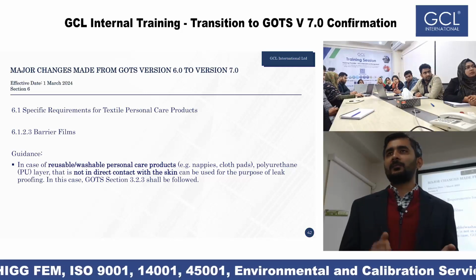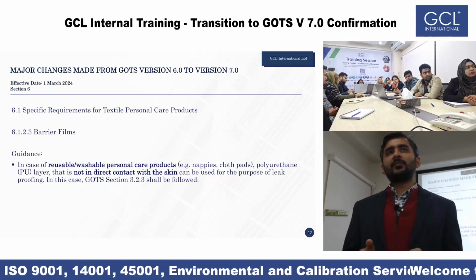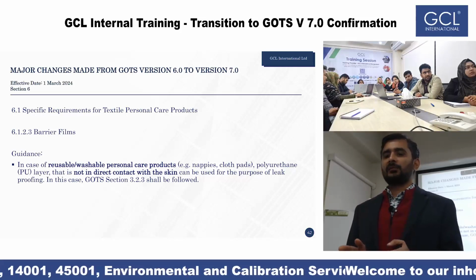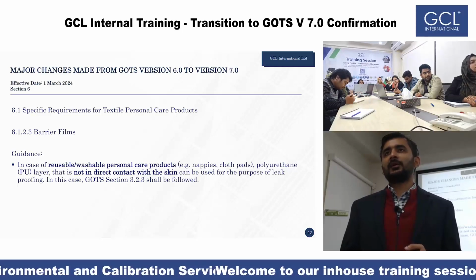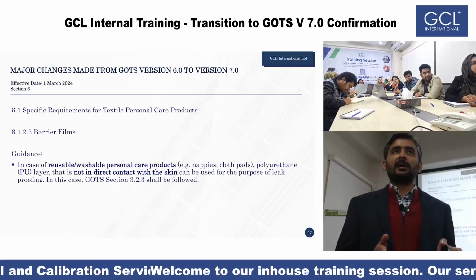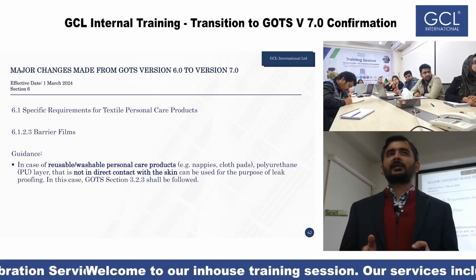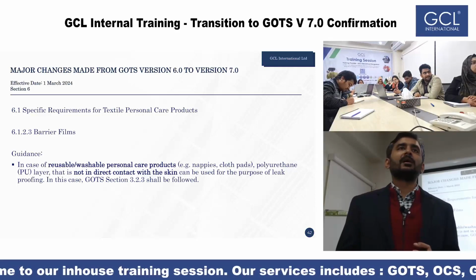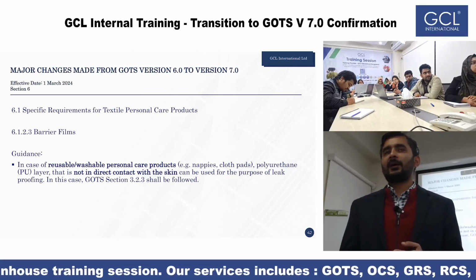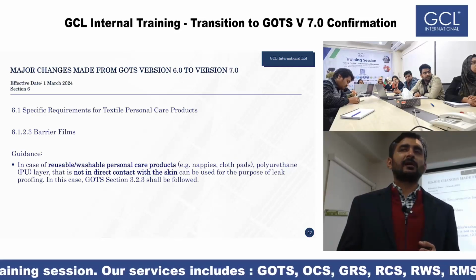Now in GOTS material composition, virgin polyurethane is not acceptable, but we can still use virgin polyurethane as a barrier for some kinds of personal care products where there is no alternative. For example, baby diapers, for example, sanitary napkins.